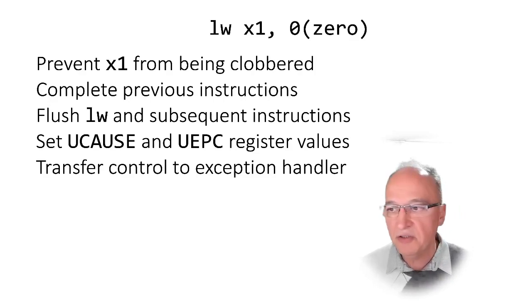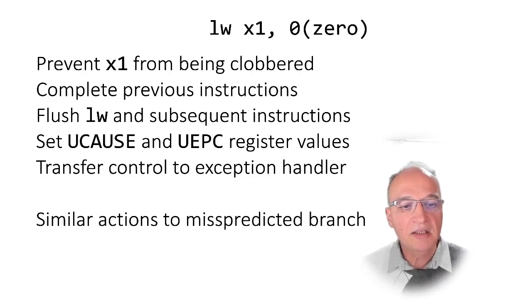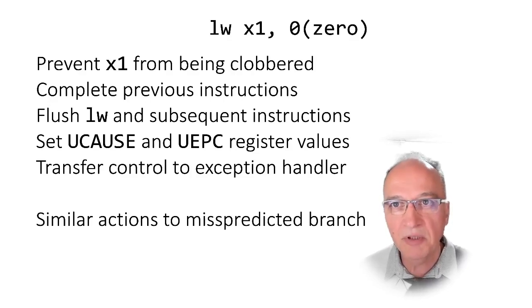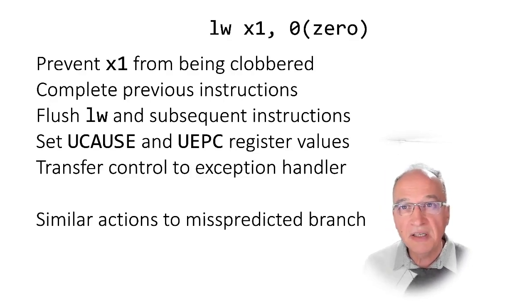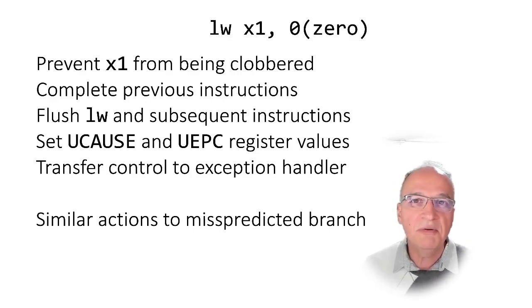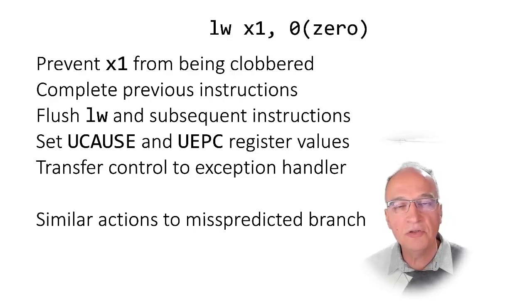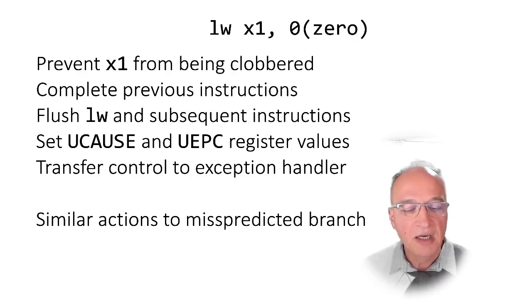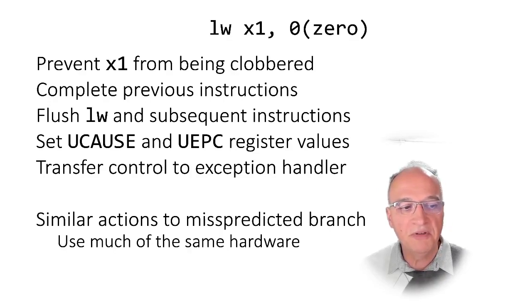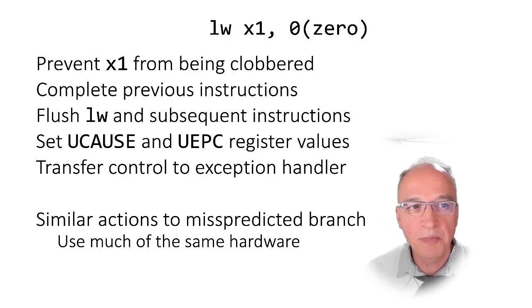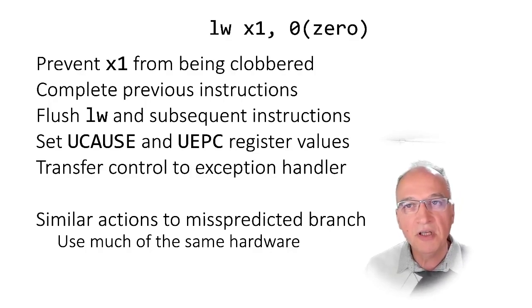This is how an exception should be handled, and you're going to do very similar actions when you have a mispredicted branch. That is, you made a branch prediction and you start executing instructions in a given path, and then you find out that the prediction was incorrect and you have to follow a different path. So the hardware that is used to support an exception, such as a segmentation fault, and to support the mis-speculation of a branch is the very same hardware.